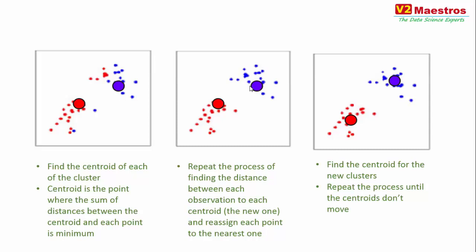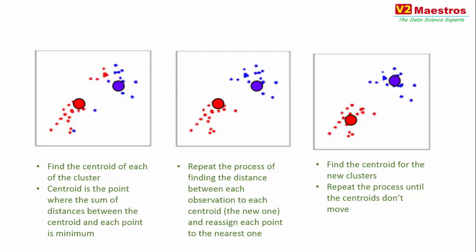Now I have a new set of clusters, and for these new clusters, what do I do? I again go and find new centroids, again find the distance measure, and again reassign points. So this process of finding the distance between the points and the centroids, finding new clusters, and then finding the centroid of each cluster keeps repeating again and again. This process goes on for n iterations. And when do these iterations stop?